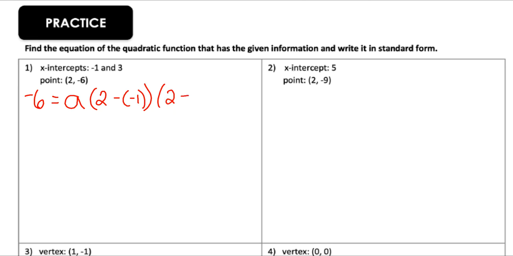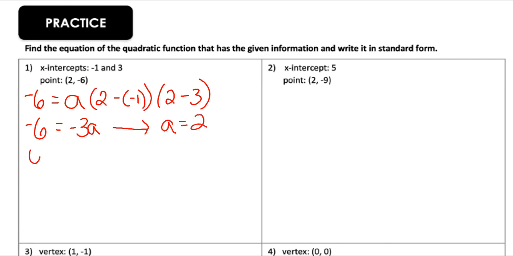And the intercepts are at -1 and +3. So it looked like that when I plug everything in. Let's simplify that a little bit here. So I get -6 equals, when I simplify those, I have a 3 in the first parentheses and a -1. So that's going to give me -3a. And simplifying that, I get that a is 2.